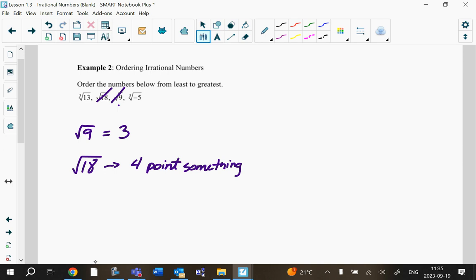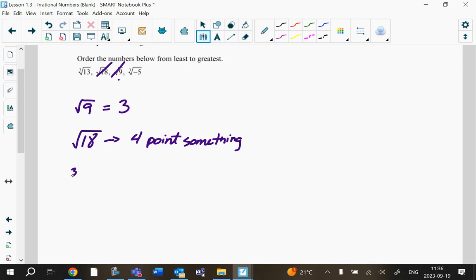How about the other two? Cube root of 13. What's a number below 13 that you can take the cube root of exactly? Not 9. 8.